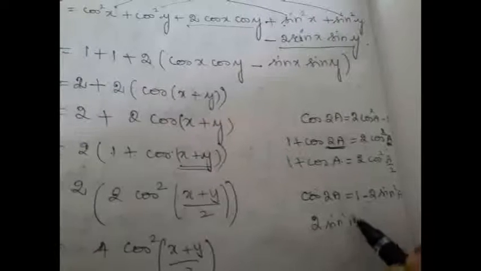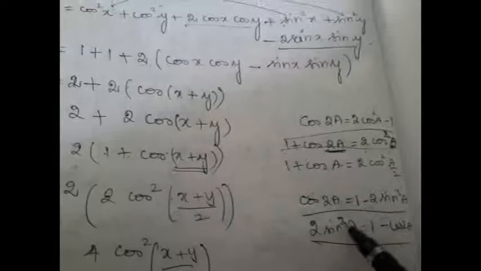So 2 sin square a can also be written as 1 minus cos 2a. So these two are well-known results we will be using in most of the problems. If you have the format 1 plus cos 2a, we will write it as 2 cos square a. If you have 1 minus cos 2a, we will write it as 2 sin square a.